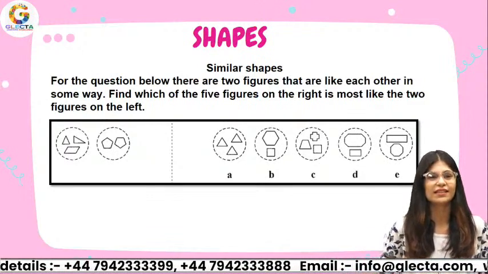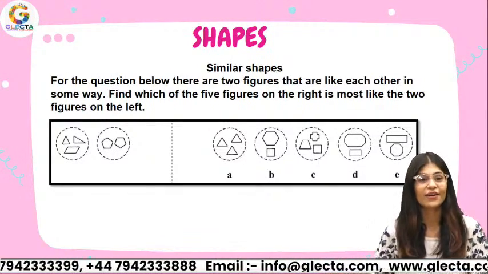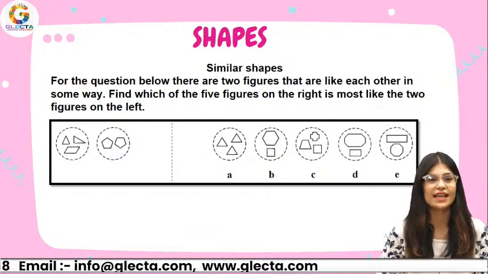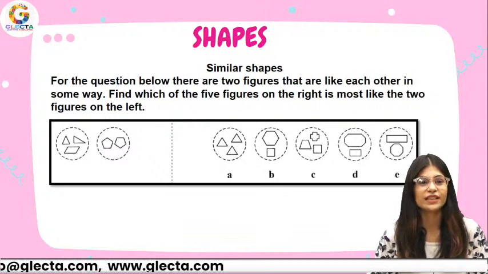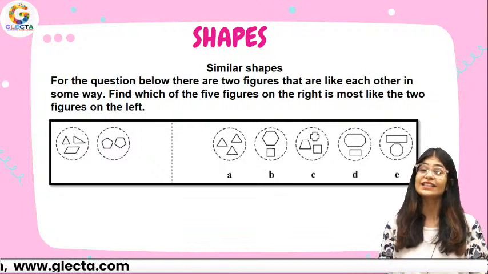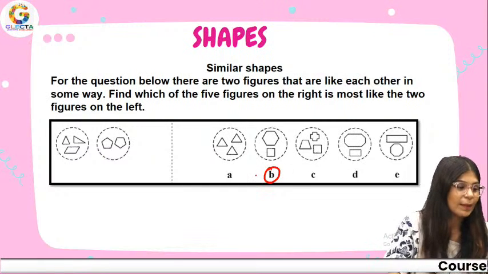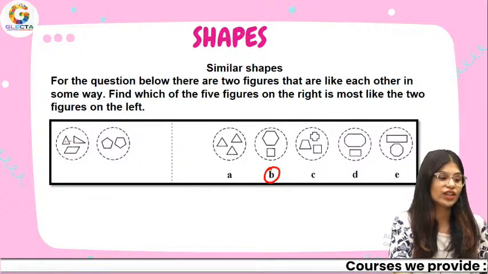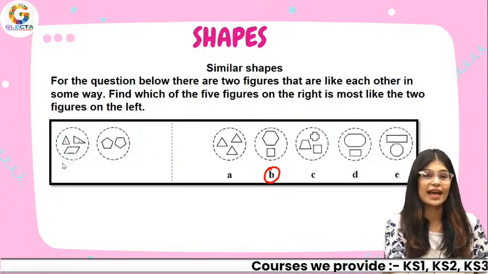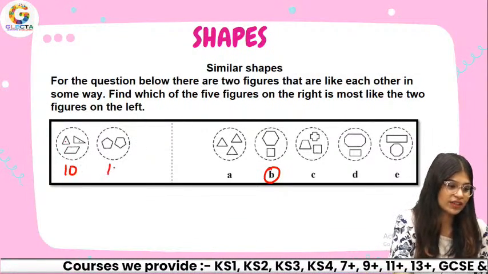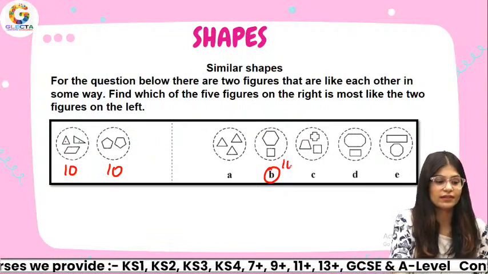That is correct. So it would be B, because this is 3, 3, 4. That would be 10. 5, 5, 10, 6, 4, 10.